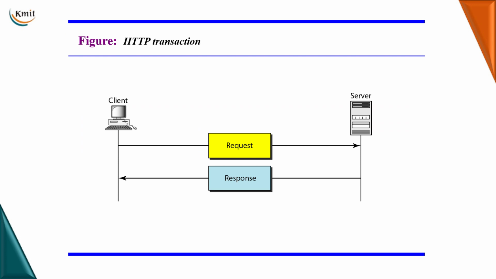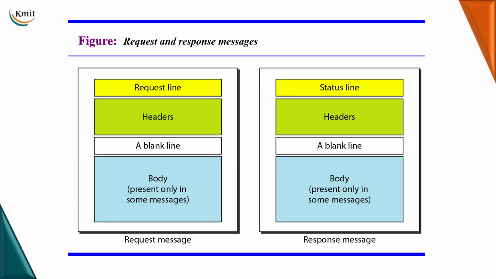Here, how does the HTTP transaction take place? The client puts in a request and the server will give a response. So these request and response messages have the following format. We have a request line, header, a blank line, and a body in the request message, and we have a status line, headers, a blank line and a body in the response message.